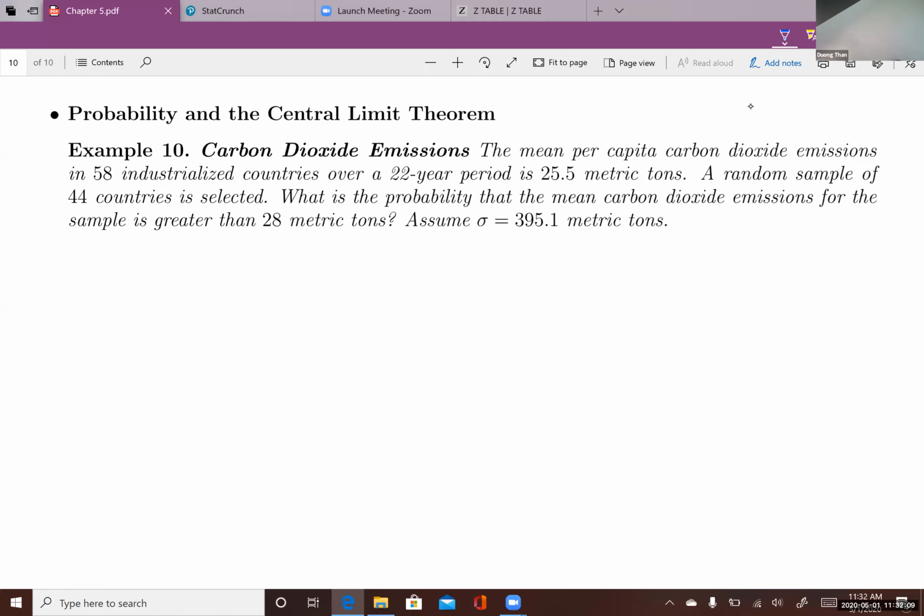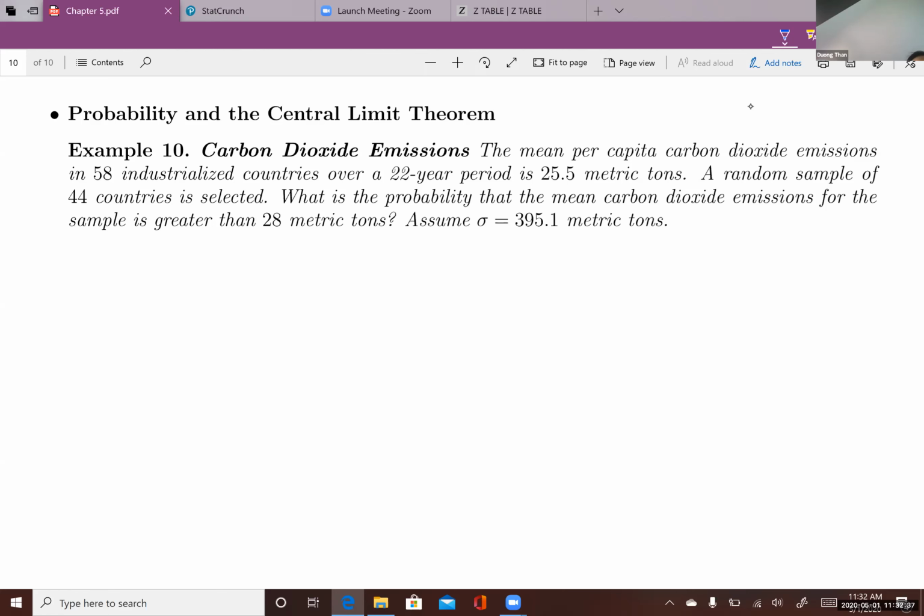Now let's do the next example, finding probabilities and using the central limit theorem to determine probabilities and values of sampling distributions. Carbon dioxide emissions: the per capita carbon dioxide emissions in 58 industrialized countries over a 22-year period is about 25.5 metric tons.